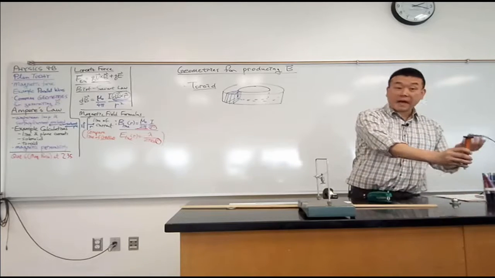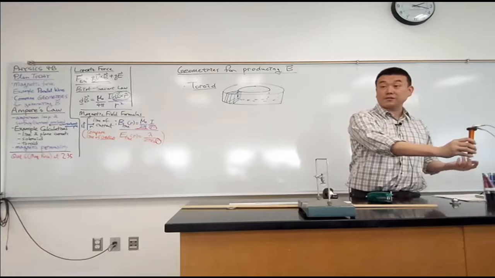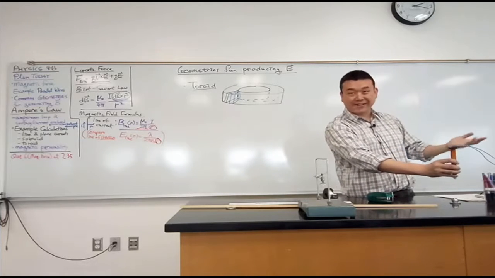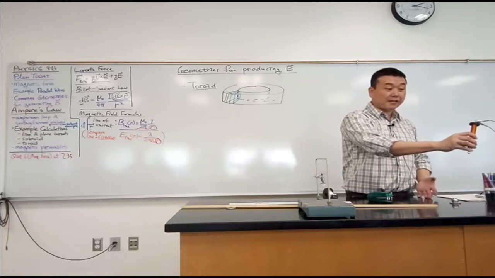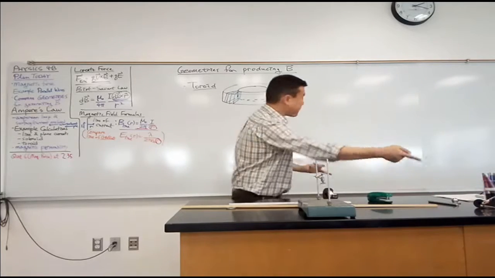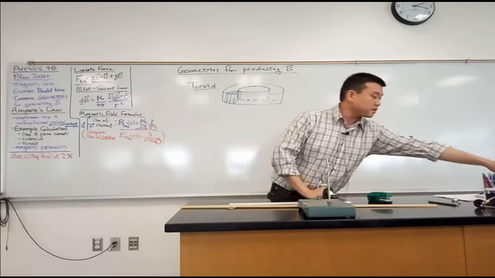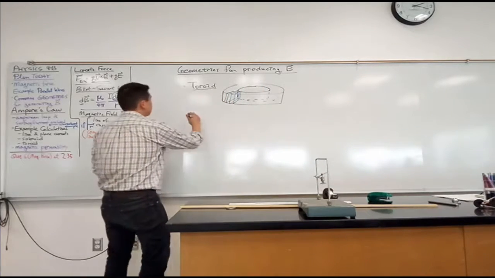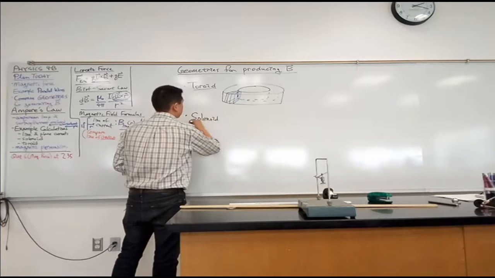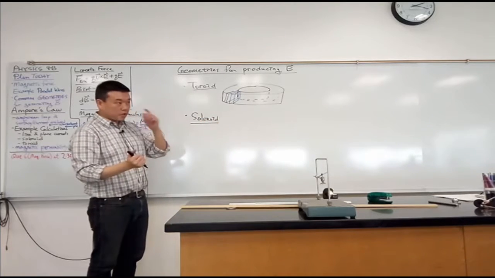When you think of an electromagnet, the kind they use at, I don't know, a metal recycling center, this is the electromagnet that they have. This particular arrangement is called a solenoid.